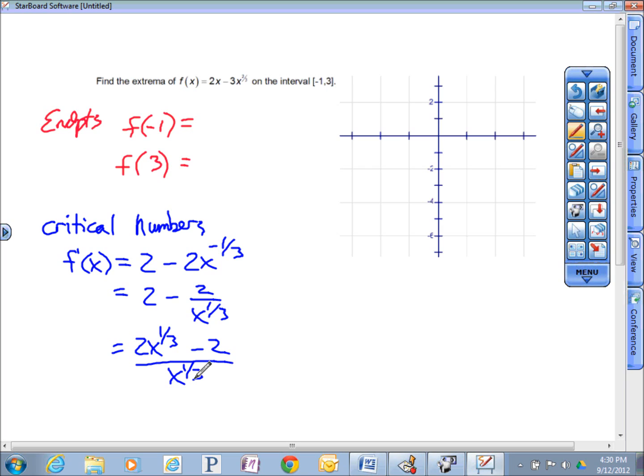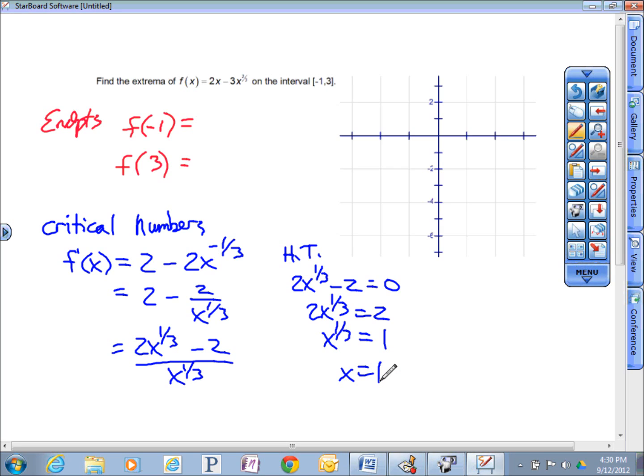If I set the numerator equal to 0, in other words, I'm finding my horizontal tangent, set your numerator equal to 0. 2x to the 1/3 is equal to 2, x to the 1/3 is equal to 1, cube both sides, x would be equal to 1.